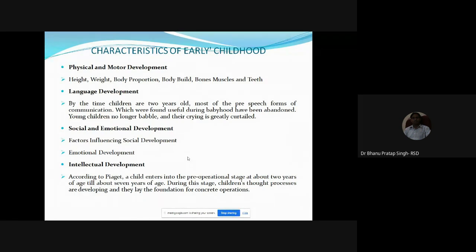At about 2 years of age till about 7 years of age, during this stage, children's thought processes are developing and they lay the foundation of concrete operations. Next.